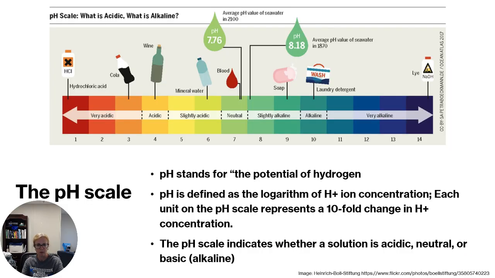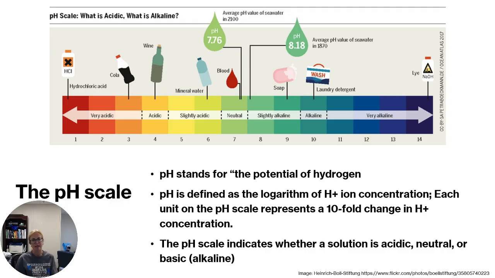So let's look at the actual pH scale. pH stands for the potential of hydrogen, and it's defined as the logarithm of the hydrogen ion concentration. So it's a log base 10 scale. What that means is that each unit we move on the pH scale represents a 10-fold change in hydrogen ion concentration. If we start neutral in the middle at 7, which would be pure water, and go from a pH of 7 to a pH of 8, it's not that it increased by 1 pH, it increased 10 times as much.